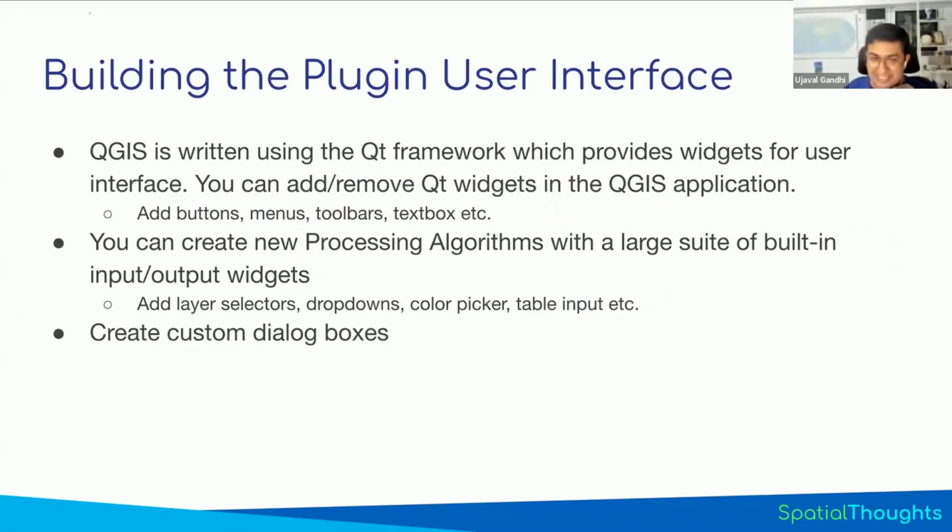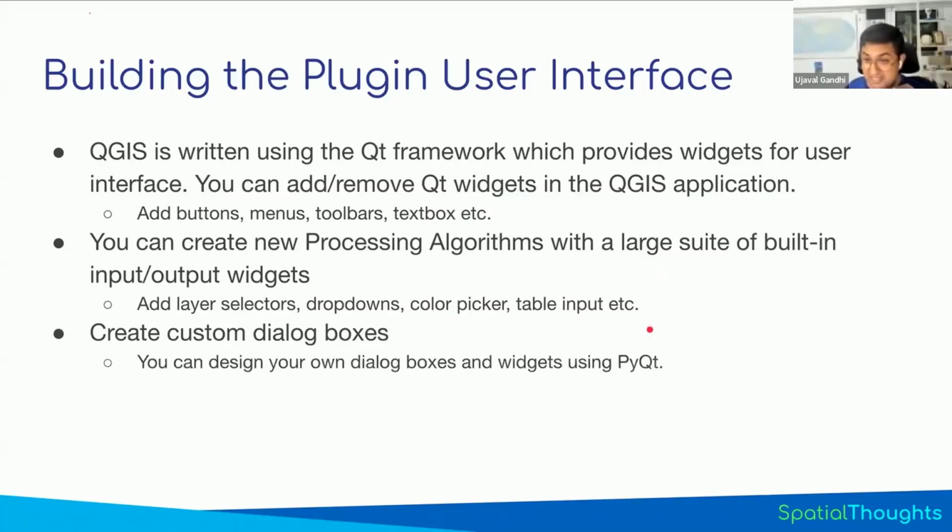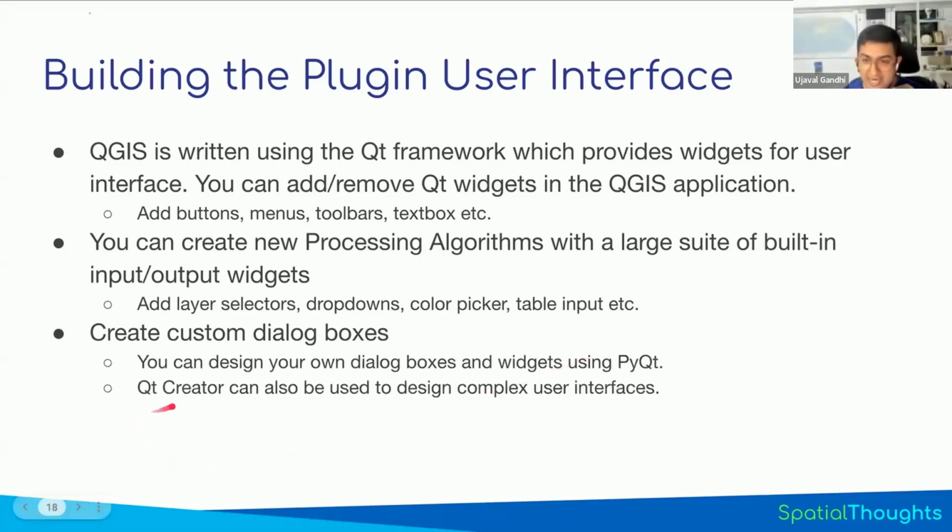I want something really custom that doesn't look like a processing algorithm, doesn't look like a simple dialog box. You can build one using Qt. So you can design your own custom dialog boxes. There is a program called Qt Creator, where you can drag and drop and create an interface. I do not recommend this at all, because it requires very advanced knowledge to create something functional. And again, you won't be able to get something as good as the processing algorithms.